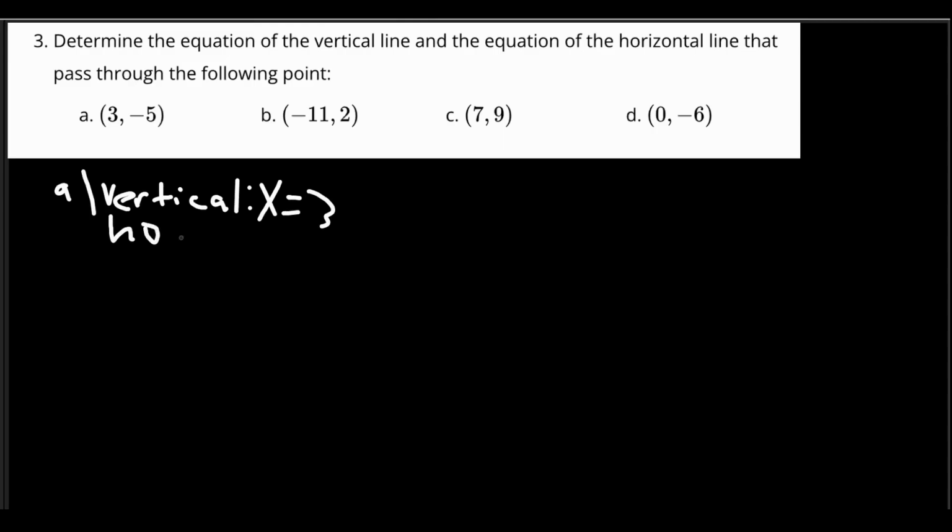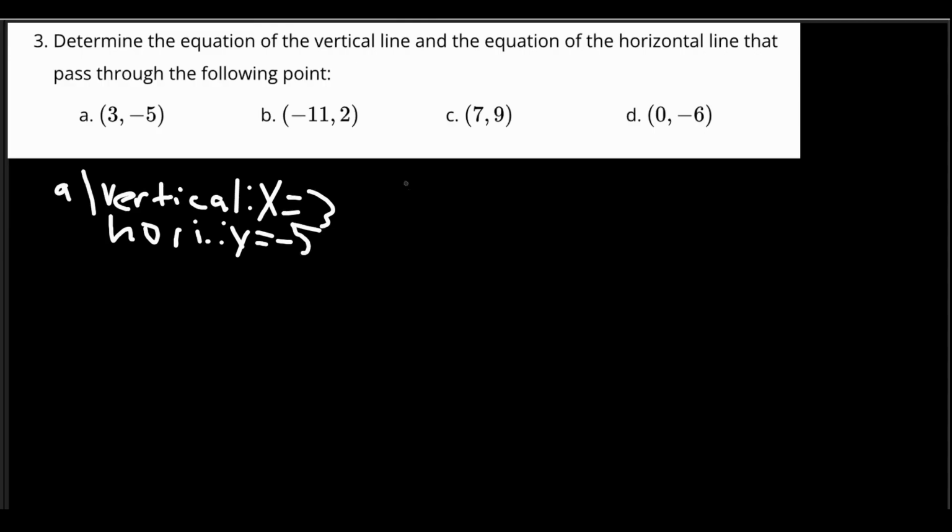If it was horizontal, short form of that, you would get y equals something, because that's the form of it. And look at the y value, and the y value of this set of coordinates is negative 5. So you get y is equal to negative 5.